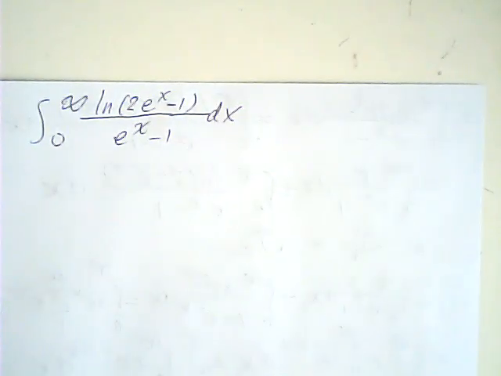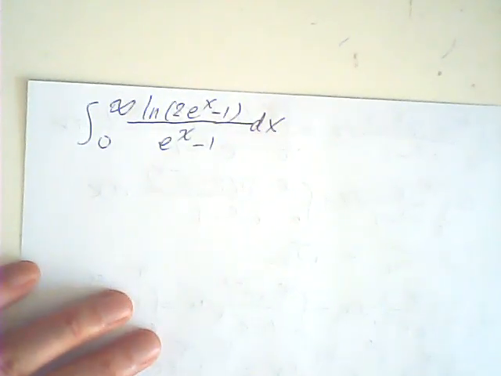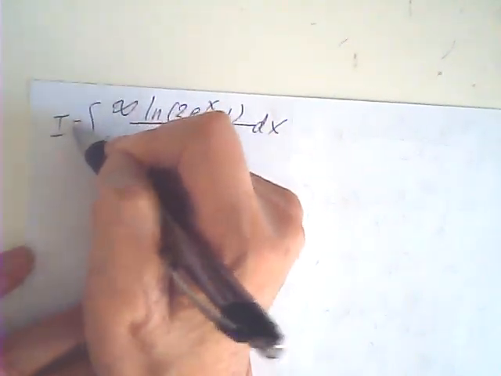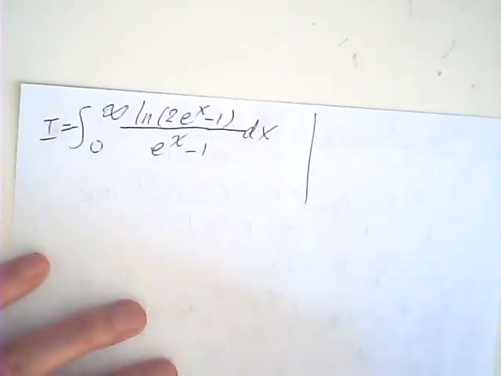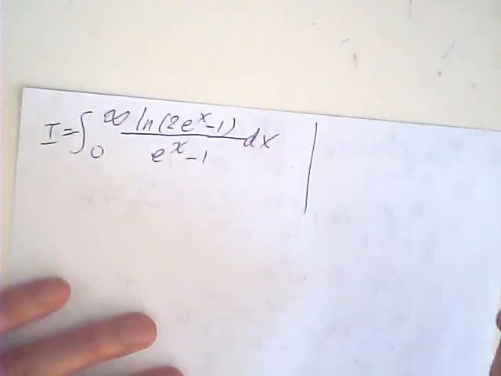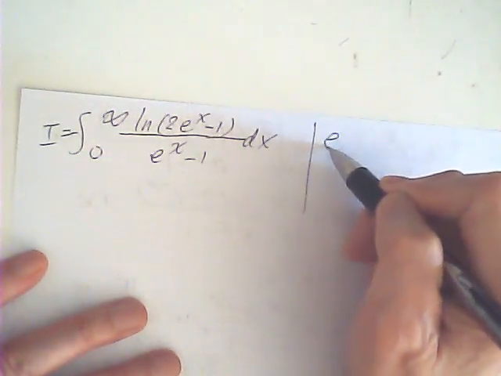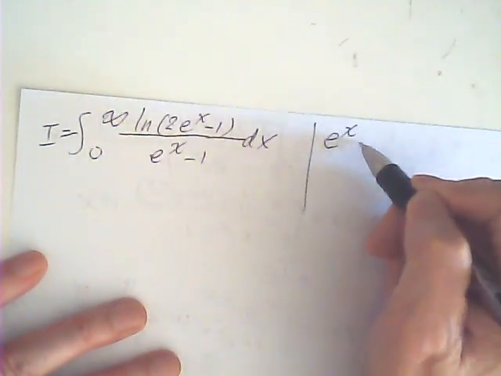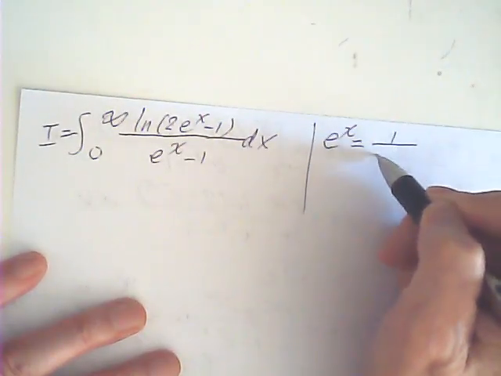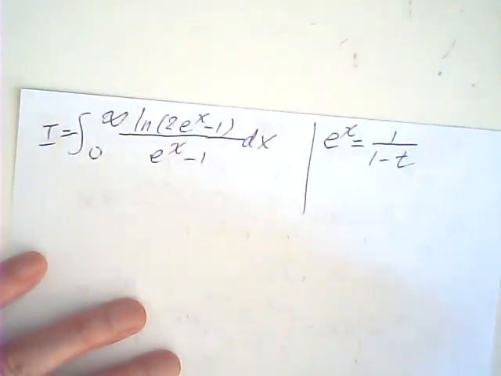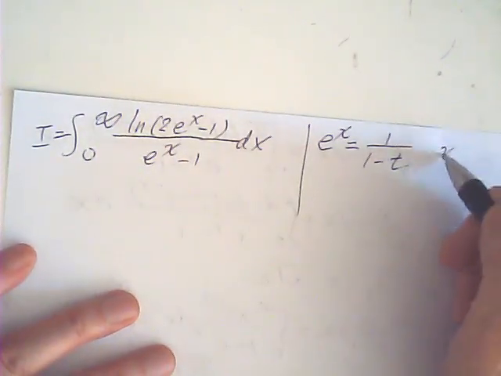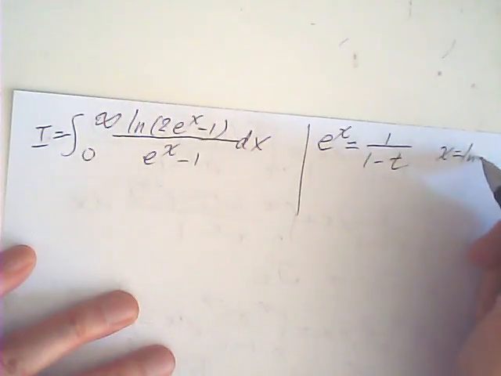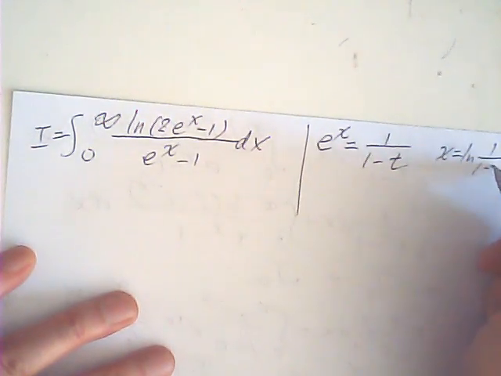Okay, this is my integral. Method 2, I'm using substitution. e to the x as 1 over 1 minus t. So x is equal to log of 1 over 1 minus t, right?